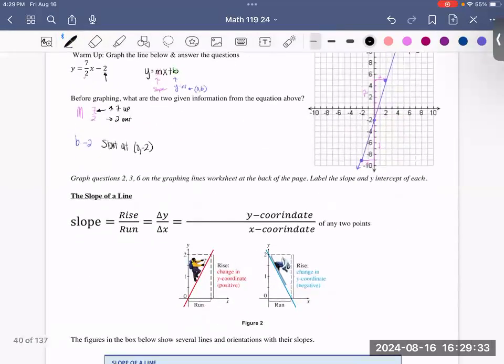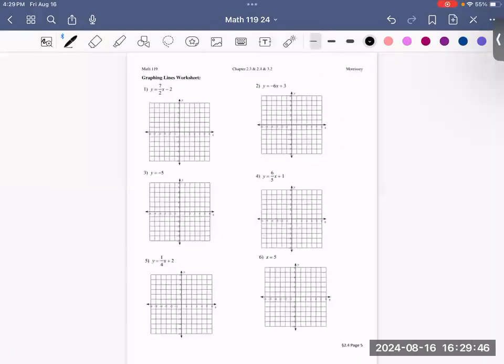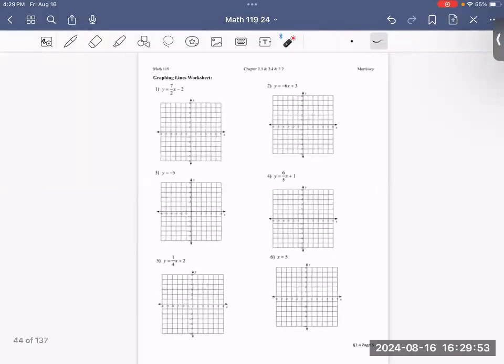Now see if you can graph questions 2, 3, and 6 on the graphing lines worksheet at the back of this page, labeling your slope and your y-intercept of each. So that page looks like this one. Just graphing these lines, you'll notice that we just graphed the first one. See if you can graph the remaining.